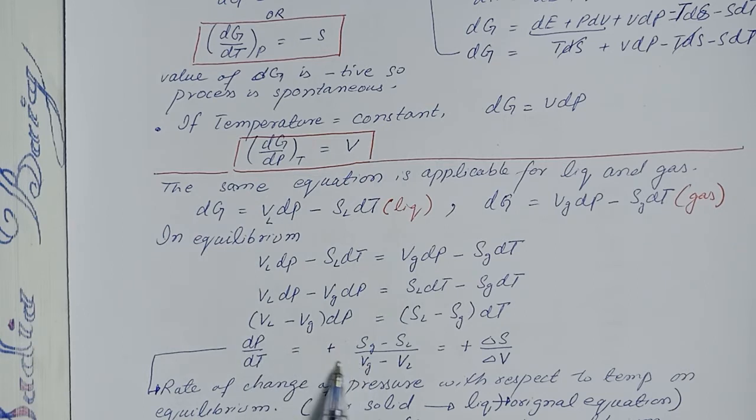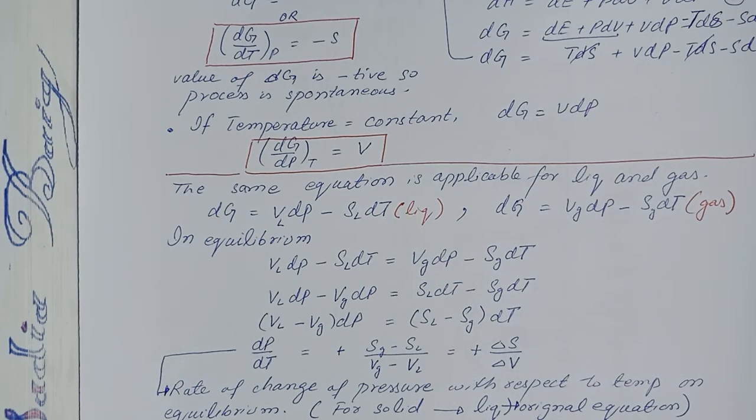So in this way we can write the change in pressure with respect to change in temperature, that is the slope of a phase boundary. So the slope of the phase boundary, that is the rate of change of pressure with respect to the change of temperature, is actually the change in entropy with respect to change in volume.